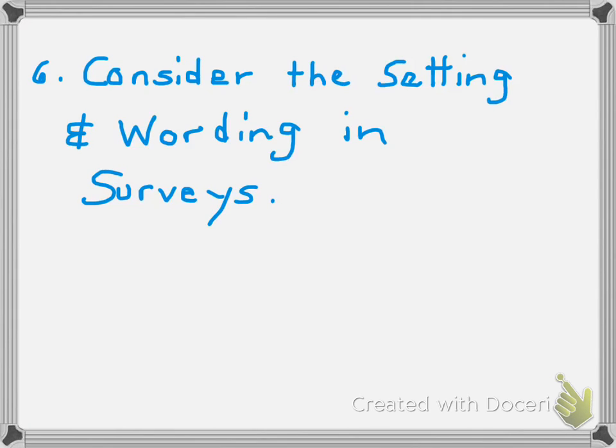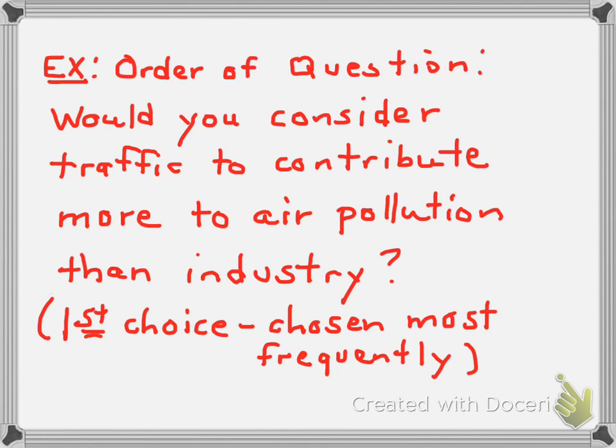The sixth guideline in evaluating a statistical study is to consider the setting and wording in surveys. In guideline number 6, we're going to look at a specific example which analyzes the order of the question.